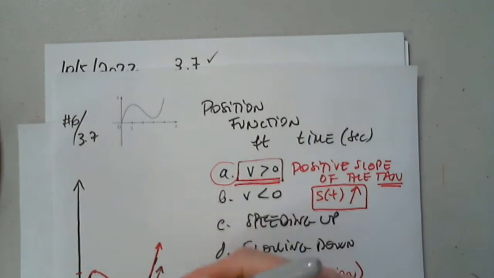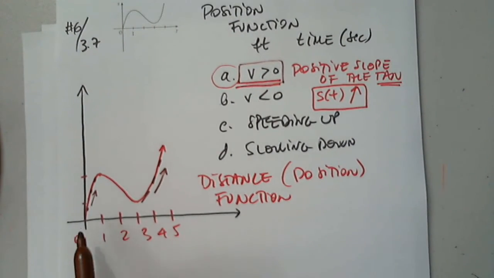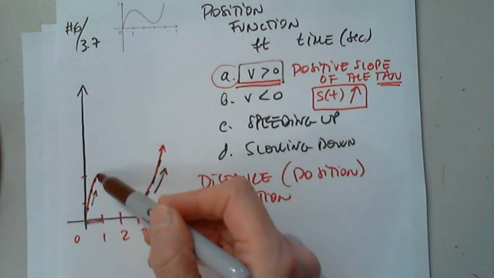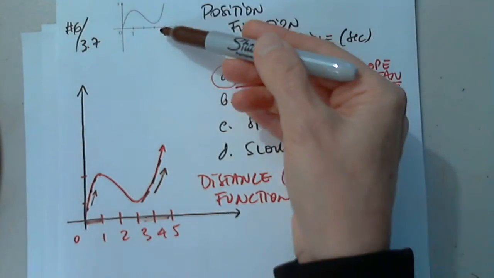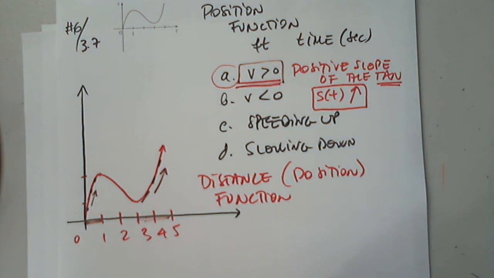So from this graph, it's positive between x being 0 to 1. And it's also positive from 3 to the right, and so on and so forth.